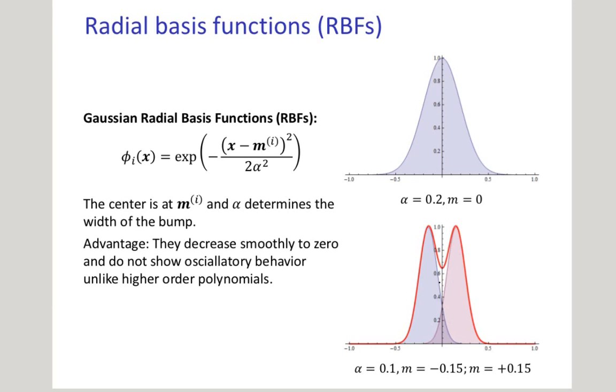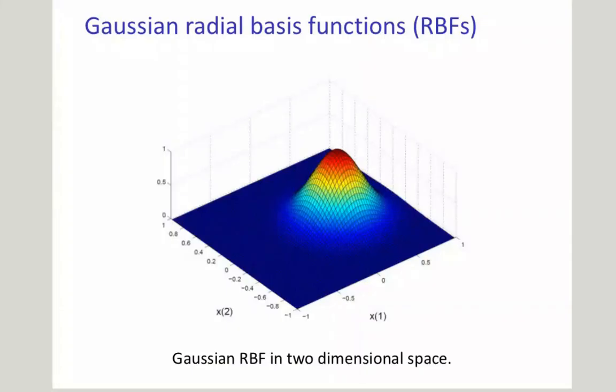This is a very nice property compared to the polynomials where the value of the function usually goes to positive or negative infinity as x grows. Here's just a plot of a Gaussian RBF formed by two parameters so that you can get a feel of what this looks like by seeing its radial symmetry.